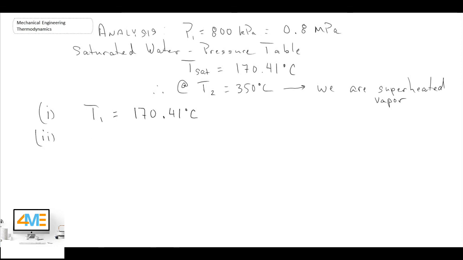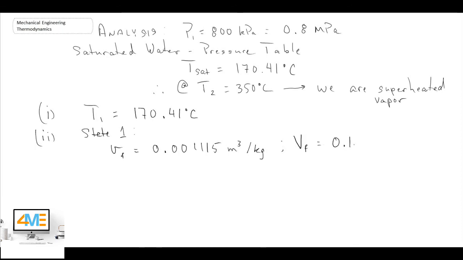So again, at state 1, we go back to our saturated water pressure table and we look up the values for the specific volume of the liquid. And we also know the total volume of the liquid.